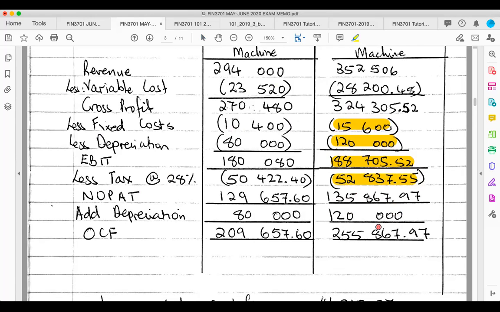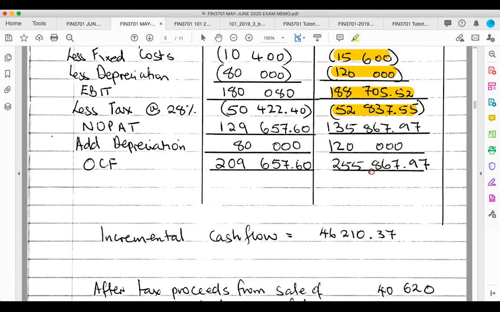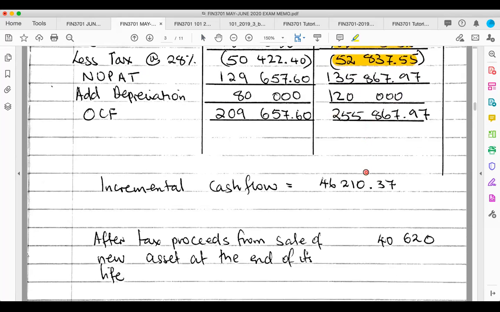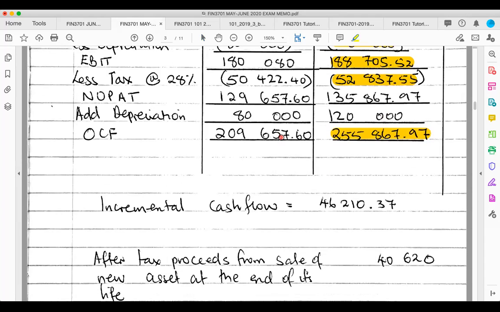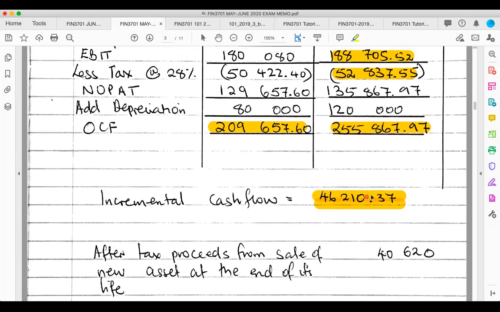And then we add back the depreciation, and then we get our operating cash flow. So the incremental cash flow that will result will be the difference between the cash flow from the new machine minus the operating cash flow from the existing oven, and we get 46,210.37. So this is our incremental cash flow.